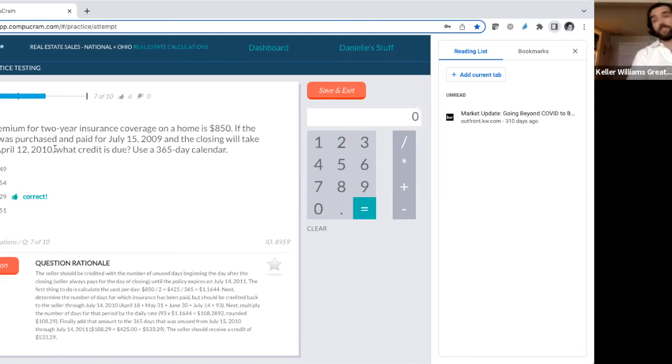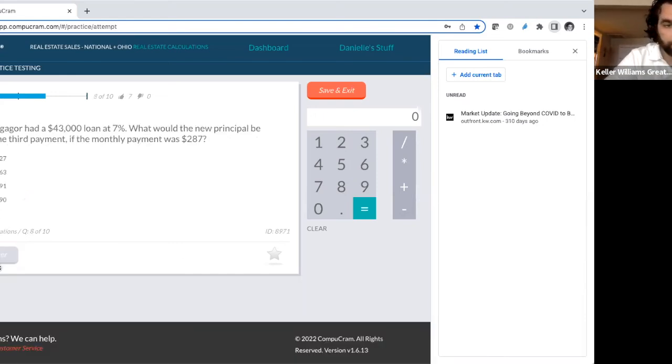What's remaining is 460 days. Multiply that by $1.16, and you get $533.29.